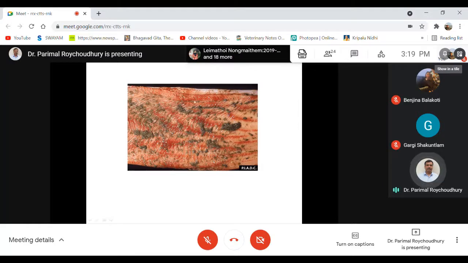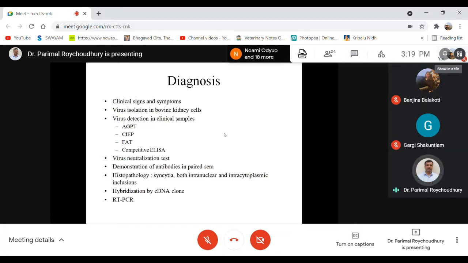When you fix it in formalin, they appear as dark and white, similar to the skin coat of a zebra. That's why it's called zebra striping or tiger striping. Okay, so these are the intestinal lesions that are produced in this disease, and almost all methods of virus isolation and common tests like AGPT, counter-immunoelectrophoresis, FAT can be performed, and were extensively performed in our country when the disease outbreaks were there, and the diagnosis was done that way.